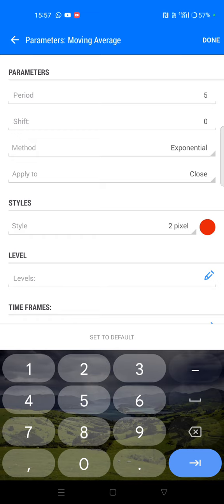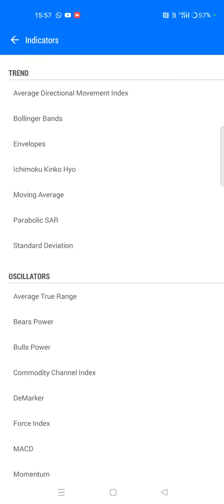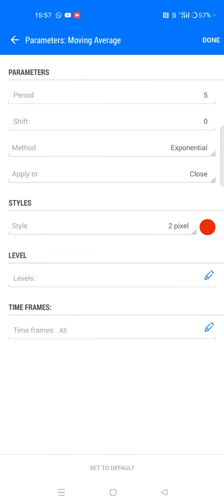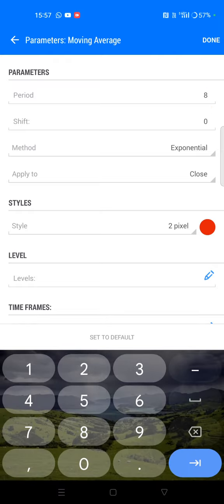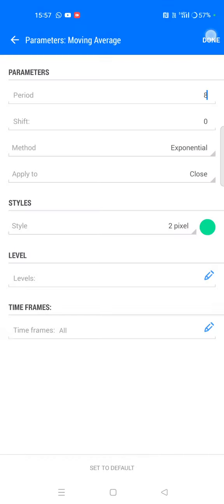So the first moving average will be 5, shift 0, exponential, close, 2 pixel, color of your choice. Done. Indicator window 1 again, moving average. The second one will be 8, shift 0, method exponential, apply to close, 2 pixel, color of your choice, and then you press done.